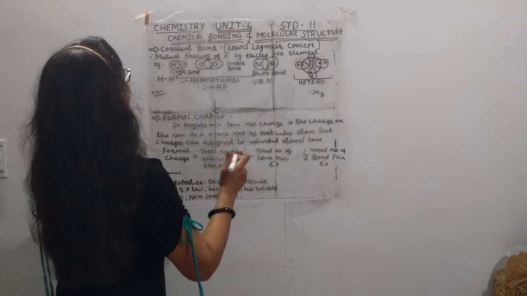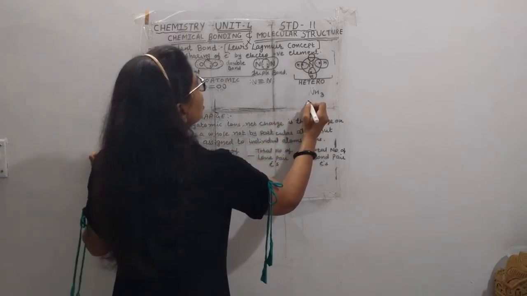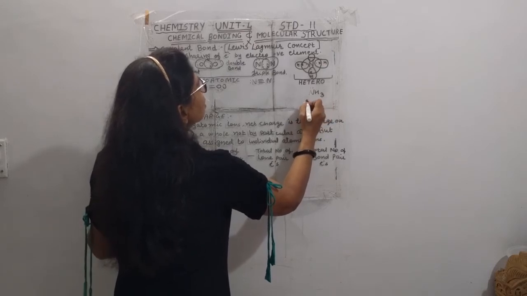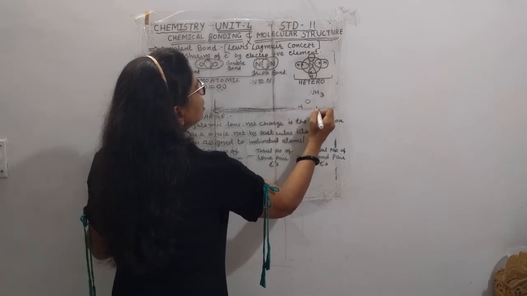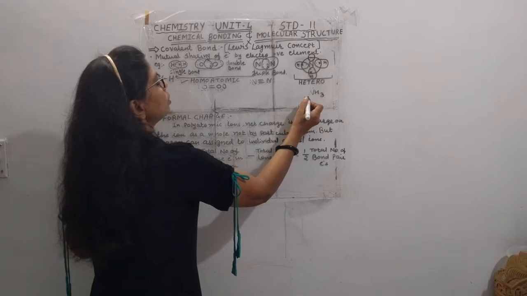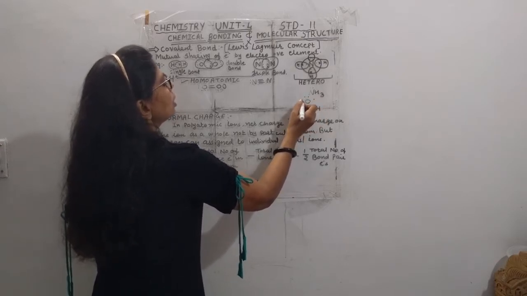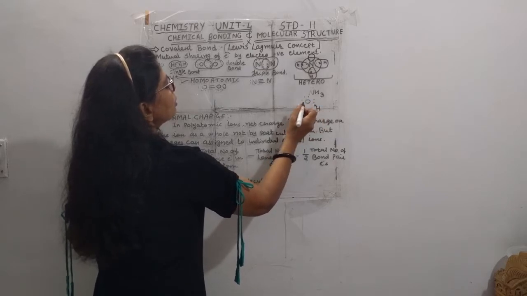Same way H2O molecule, if we take, H2O is also, as you know, oxygen and hydrogen. Oxygen with the 6 number of valence electron, 5 and 6, and 1 is with the hydrogen.